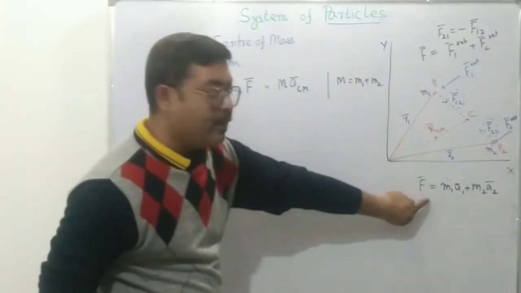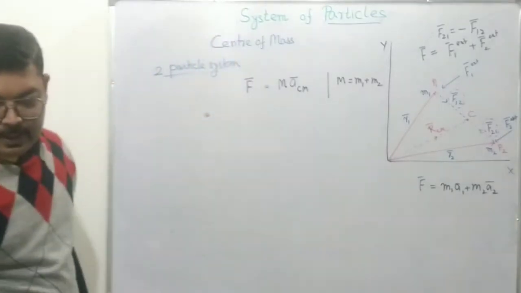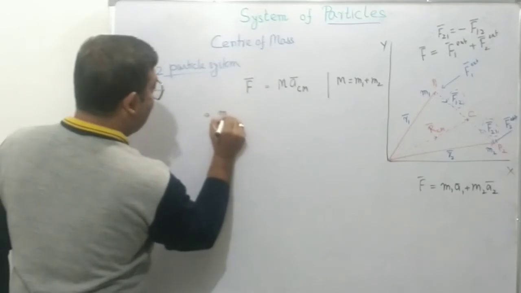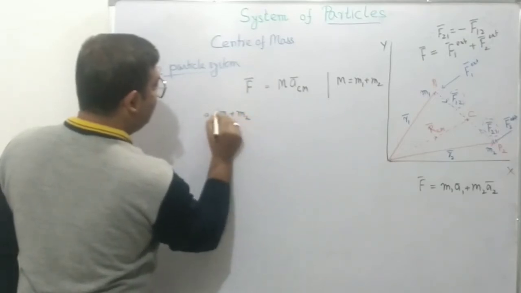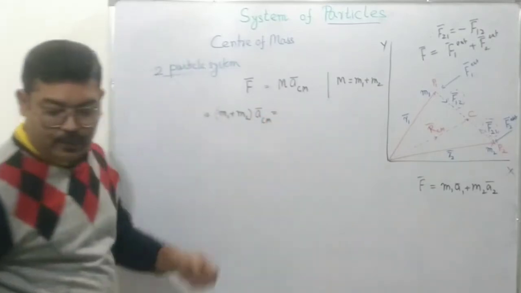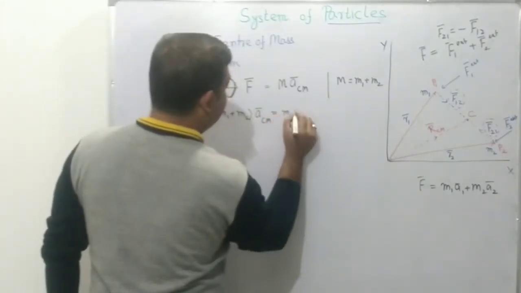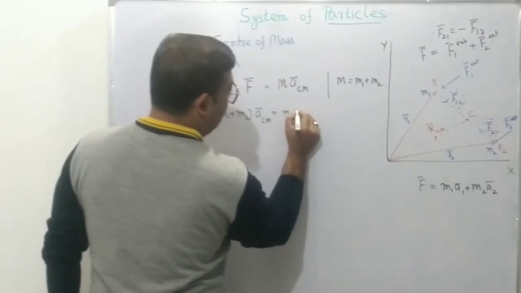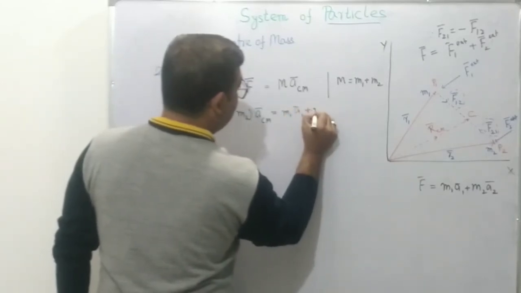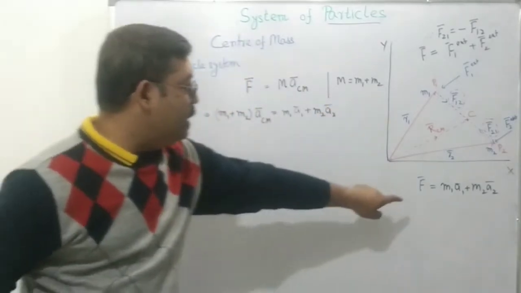So using this equation that we have found, we can say that m1 plus m2 into acm must be equal to m1a1 plus m2a2.